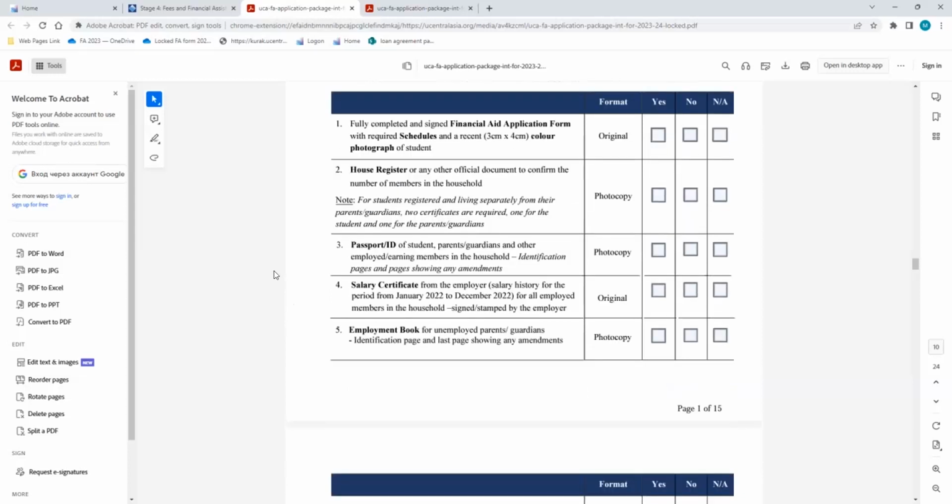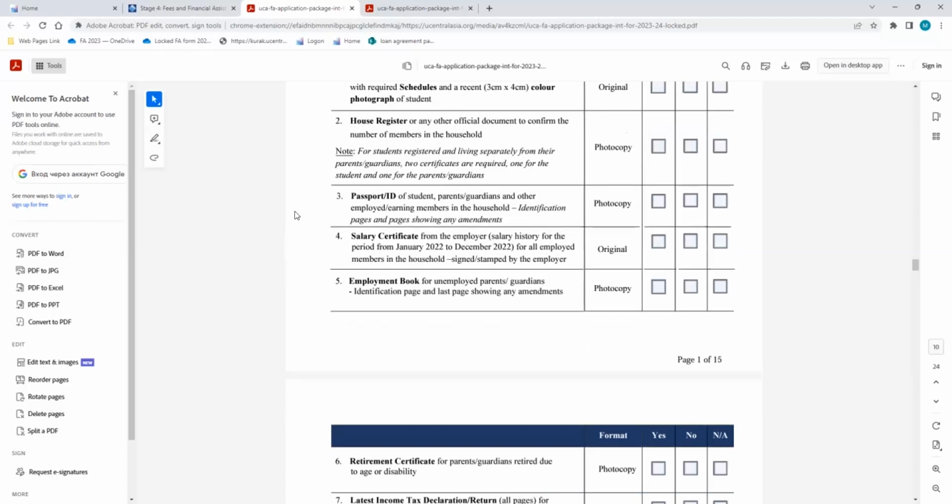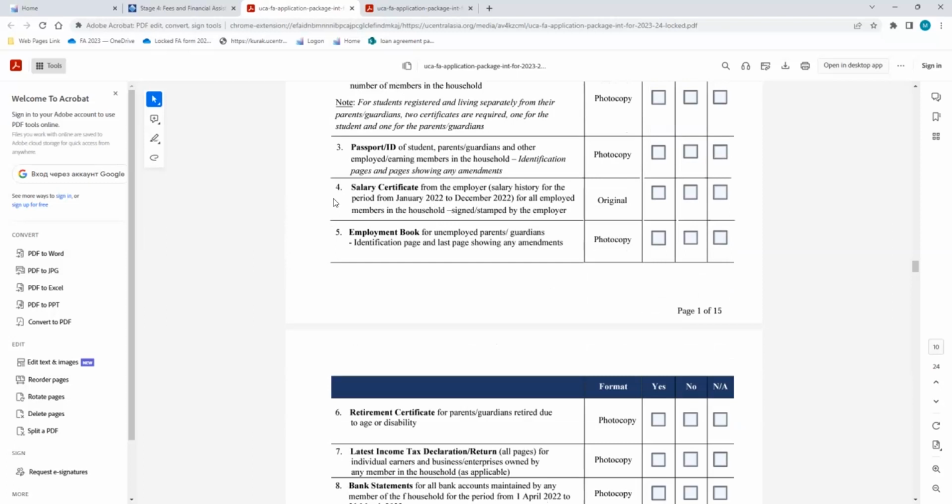So next comes the passport ID. Simply, it's your passport. You have to upload the photocopy of yourself first of all, of your parent or guardians, and other employed members in the household. That would be also good. And the next mandatory document is the salary certificate.